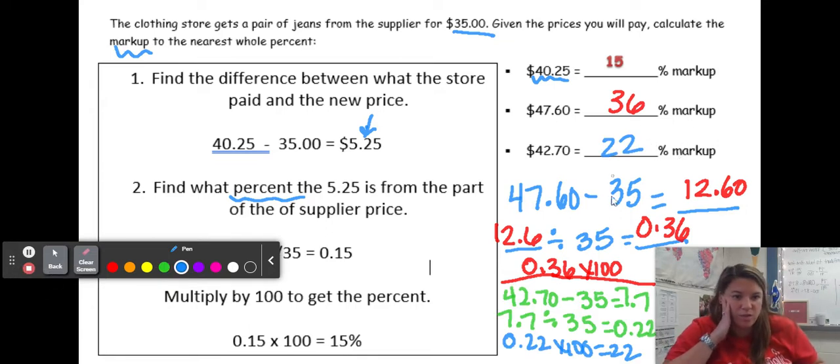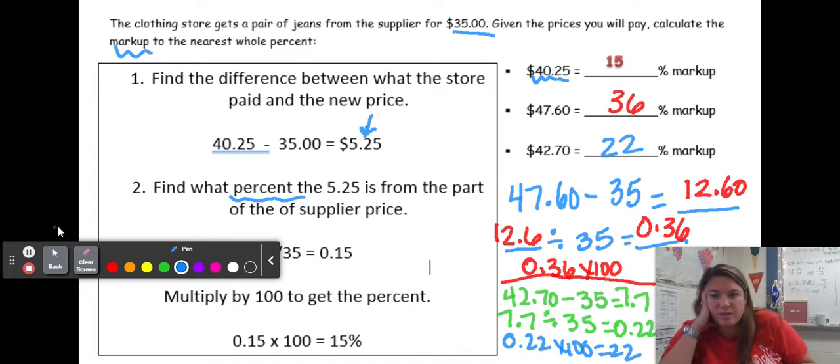All right, 22%. So when I subtracted, I got $7.70. And when I divided that by the 35, I got 0.2222, and then I multiplied it by 100. So the percent markup is 22%. Subtract, divide by the original amount, multiply by 100.